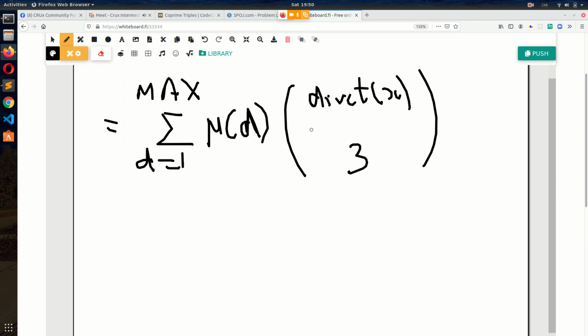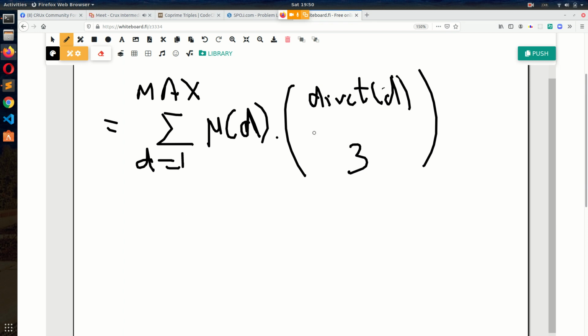And I think everyone can calculate this sum from here on. Does everyone get the logic? I'm sorry, this should be d, not x here. Diff ct of d C3. Does everyone get the logic? Okay, I think everyone gets the logic.